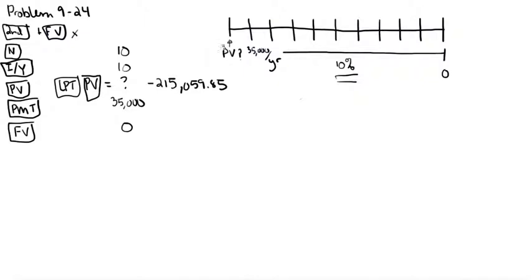So this consulting contract to Mr. Moore is worth $215,059.85 today. Okay. And again, remember, because we entered a positive number in for $35,000 here in the payment area, this number on our calculators will come out to be negative. It's just the way it works. So if he were to pay in $215,059.85, he could receive $35,000 a year. That's how much to him that contract is worth.